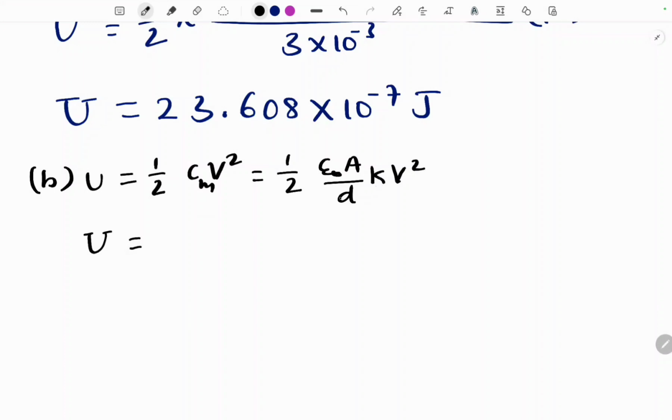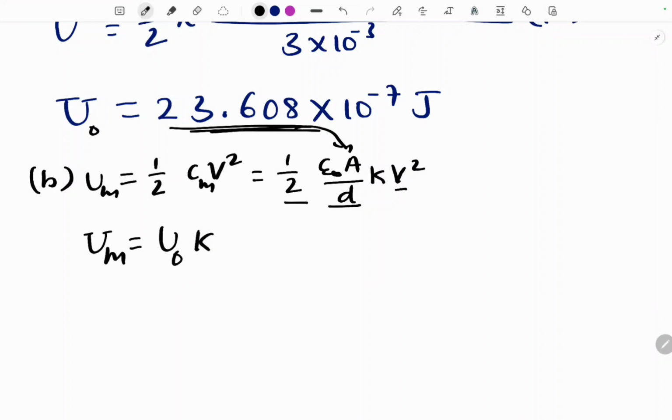We have already calculated the value of epsilon naught A by d into V square, that is this much, so we can directly substitute that. You can write like this. So the energy stored in the presence of the medium is Um. This is in the absence of the medium.